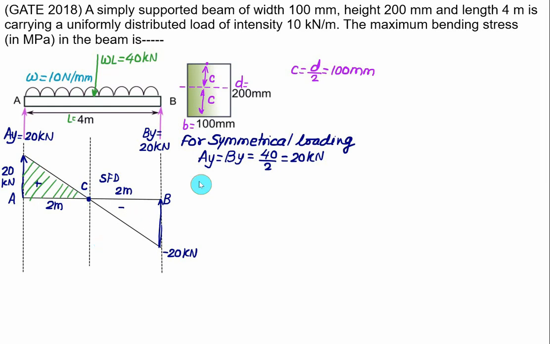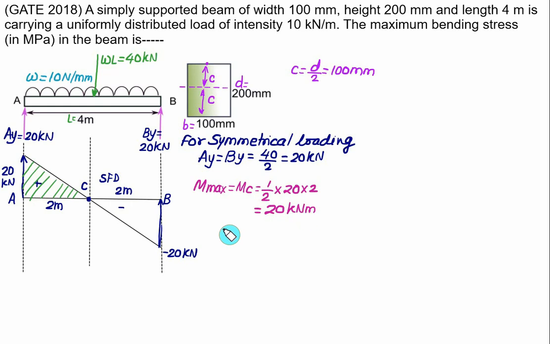So in this case, the maximum bending moment M max will occur at point C, and this value is the same as the area of the triangle, which is 1 by 2. We have height equal to 20 kilonewton and base equal to 2. So 2 and 2 will cancel out and we have maximum bending moment equal to 20 kilonewton meter.